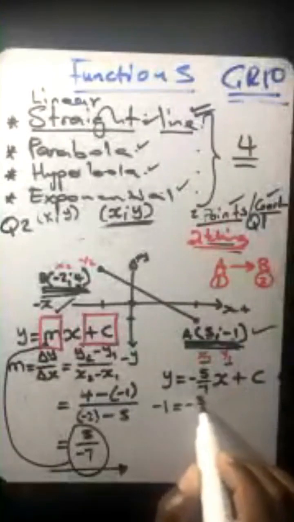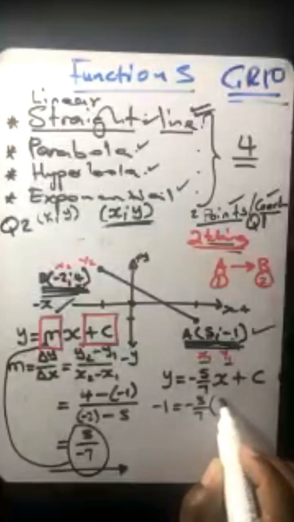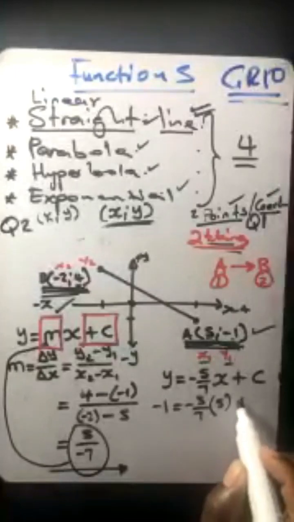Where we see y, we're going to substitute -1. So that means we're having -1 equals -5 over 7, inside the brackets we have our x being that, plus c.